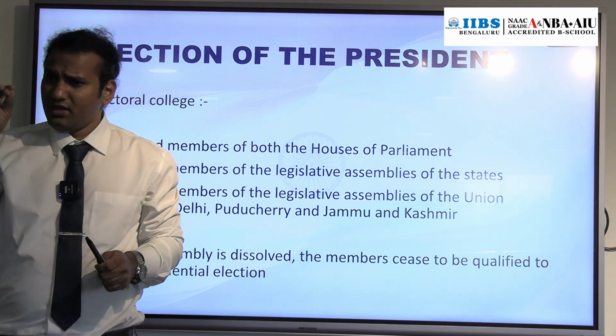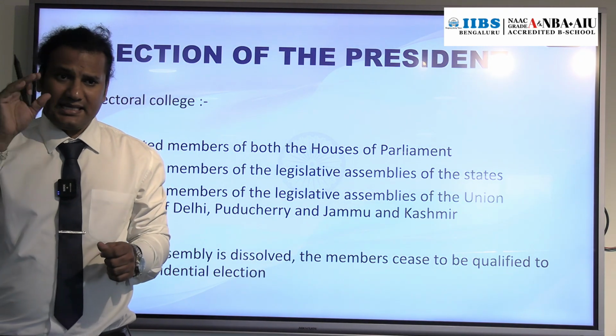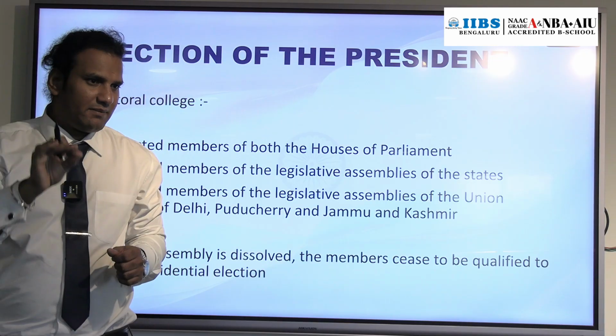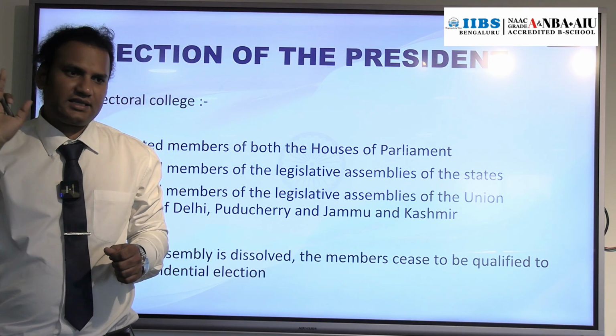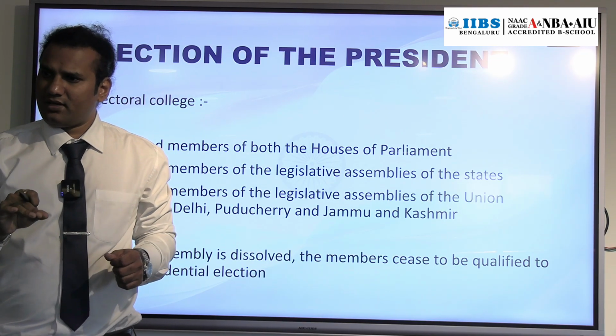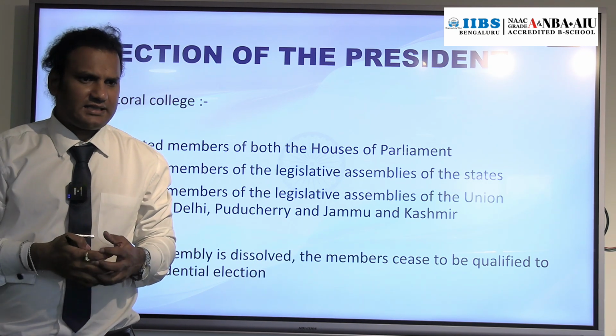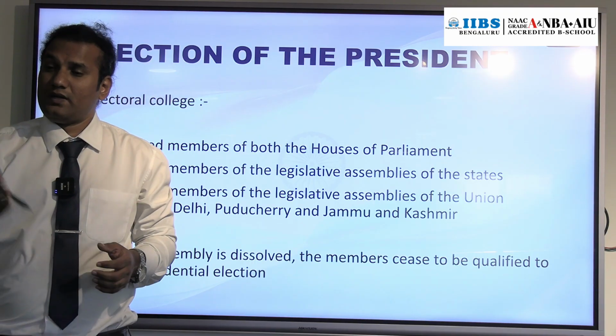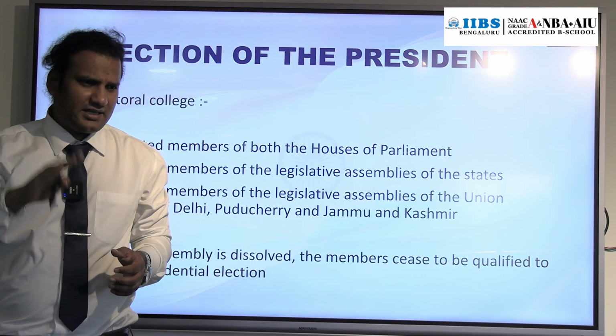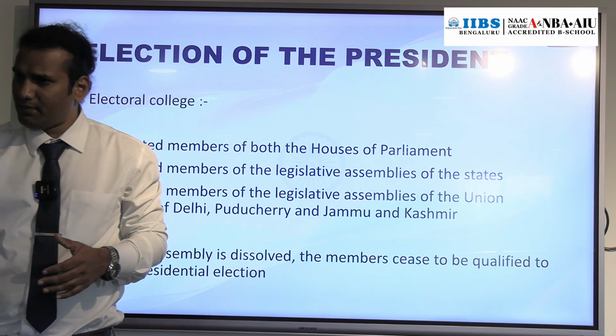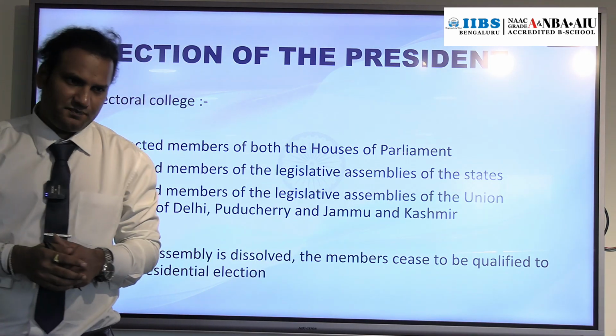In the assembly also there are nominated members as well as elected members. In the assembly we have MLAs, members of the legislative assembly. Certain members are nominated and the majority are elected by the people.